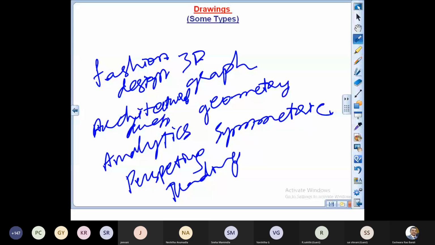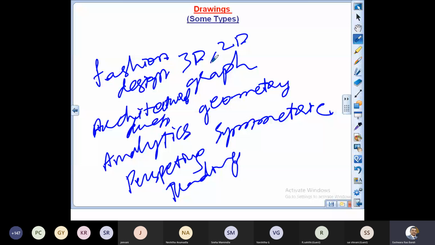Any other? 2D drawing. Any other? Now, here we have 1, 2, 3, 4, 5, 6, 7, 8, 9, 10, almost all 10 different types of drawings.